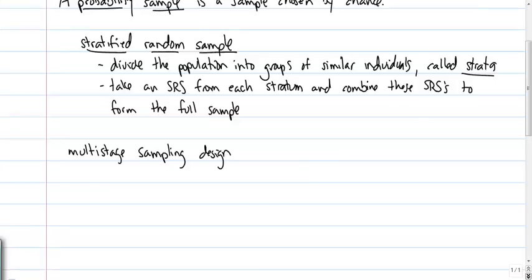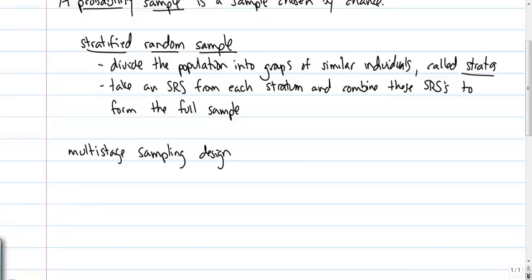Again, that's a little bit more complex, and it is beyond the scope of this course. But when we look at presidential elections and what they're trying to do to try to predict, they use multi-stage sampling to make sure that they hit some representative parts of our population to give them the best chance of predicting the possible outcome. Okay.